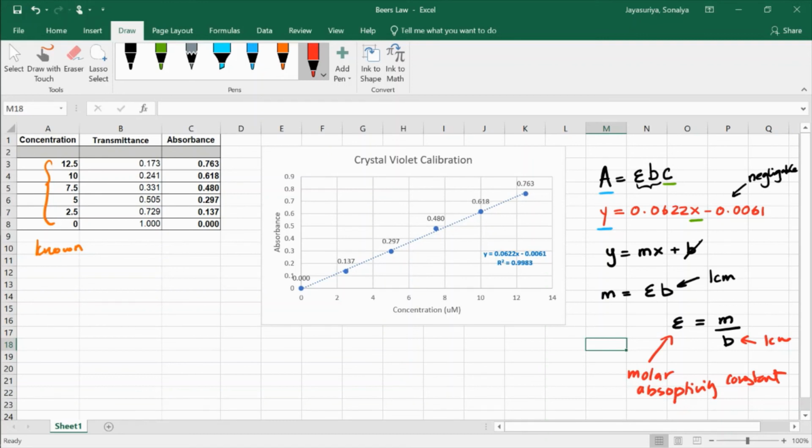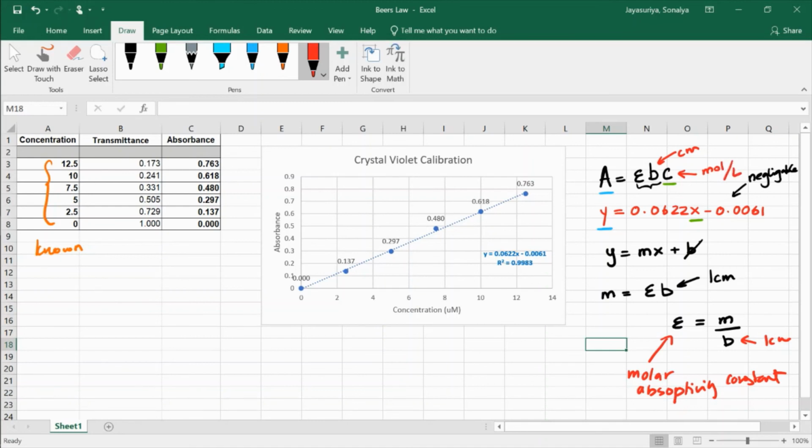Now, epsilon does actually have units. They are basically the units present in your Beer's law equation, okay? So path length is in centimeters, and concentration is in moles per liter.